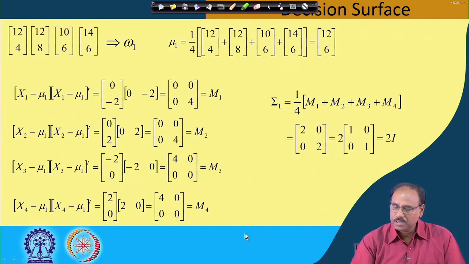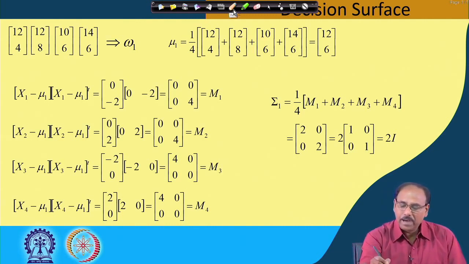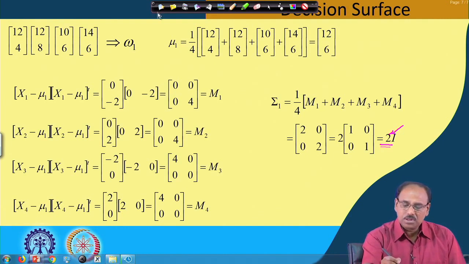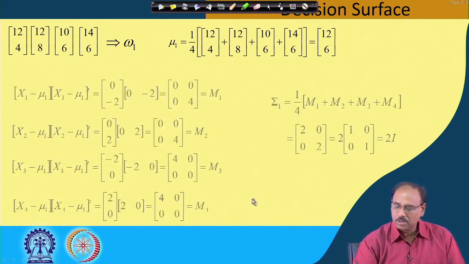If you compute this, it simply comes out to be [2 0; 0 2], which is nothing but a matrix of the form 2 into I, where I is the identity matrix. So, this is what I get for class omega 1.